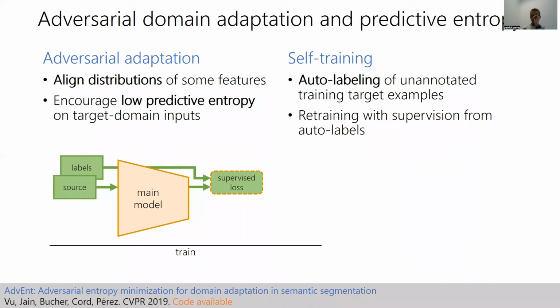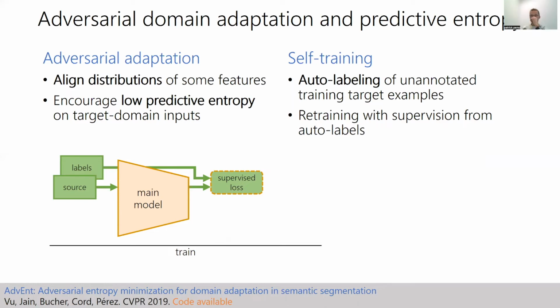One way to do it is what is called adversarial domain adaptation. Here I'm taking the example of a work that we did two years ago at CVPR, but which is fairly representative of UDA methods.